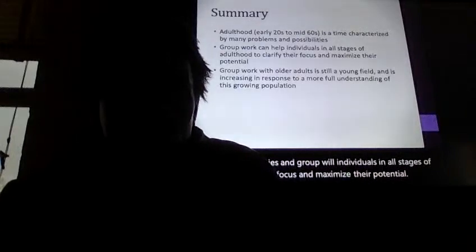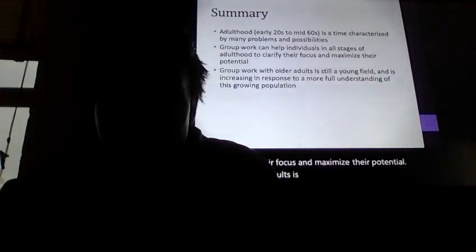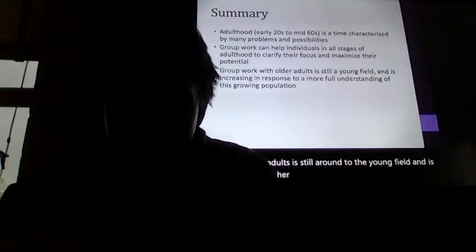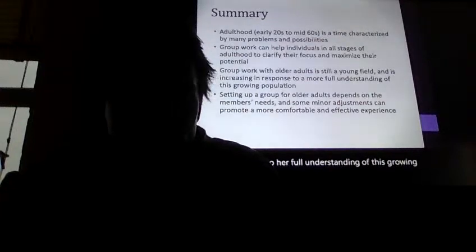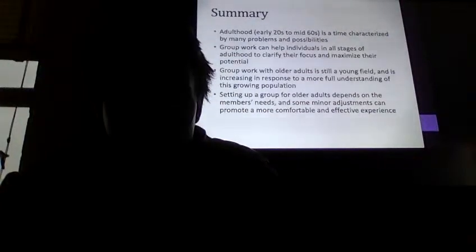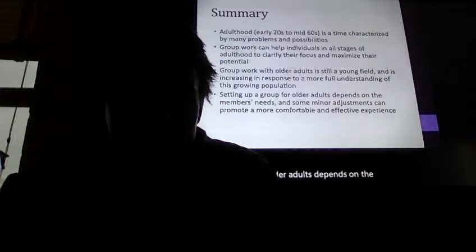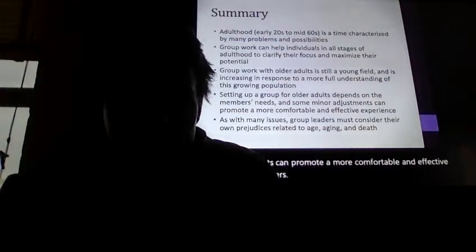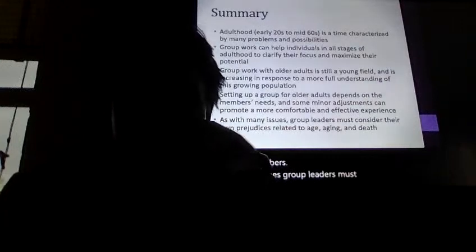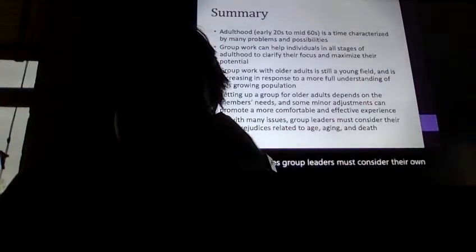Group work with older adults is still a relatively young field and is increasing in response to a more full understanding of this growing population. Setting up a group for older adults depends on the members' needs, and some minor adjustments can promote a more comfortable and effective experience for the members. Finally, as with many issues, group leaders must consider their own prejudices related to age, aging, and death in order to best serve our clients.